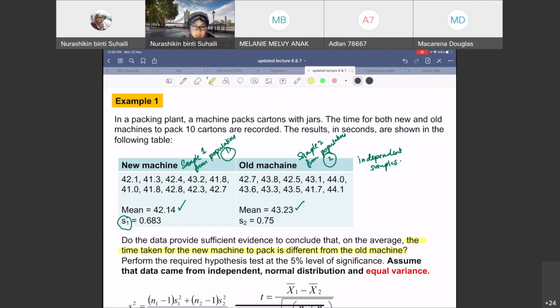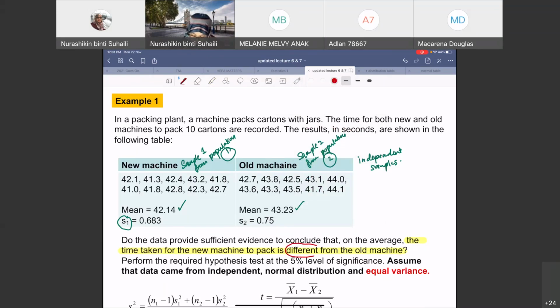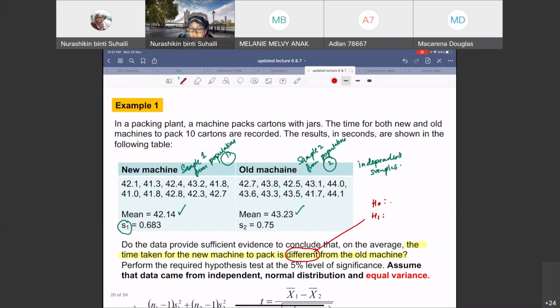The word different here is very important. Why? Because it will lead to your alternative hypothesis. Remember when we talk about the hypothesis, we are comparing the population mean. So for the null hypothesis, we assume mu1 is equal to mu2.